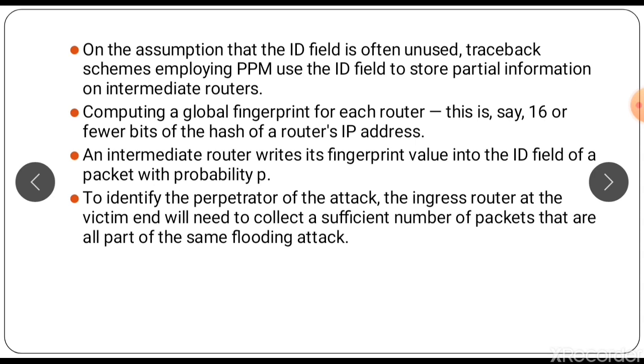The answer lies in computing a global fingerprint value into the ID field of a packet with probability P. Here we could overwrite a previously written fingerprint of a router closer to the source of the attack. To identify the perpetrator of the attack, the ingress router at the victim end will need to collect a sufficient number of packets that are all part of the same flooding attack.